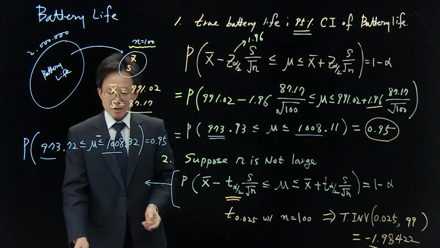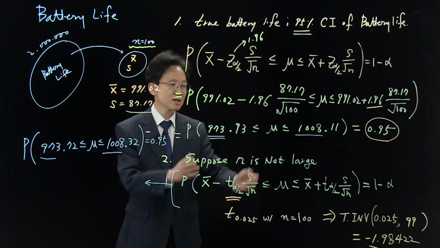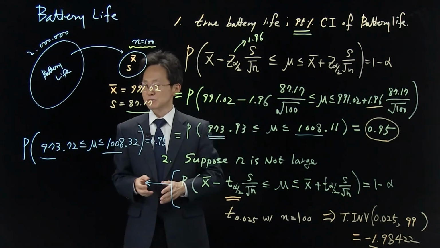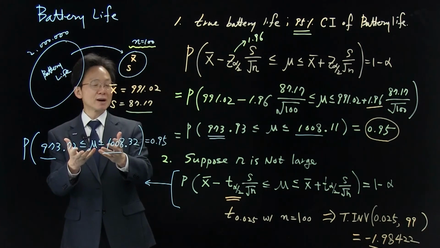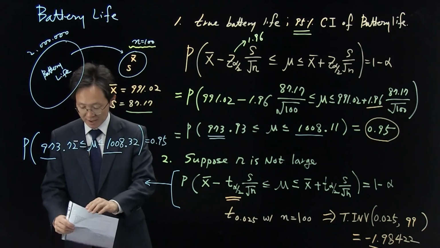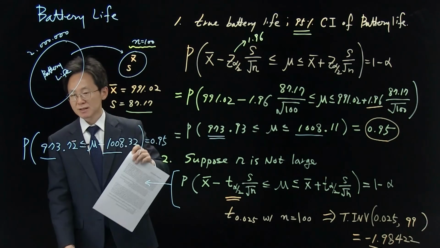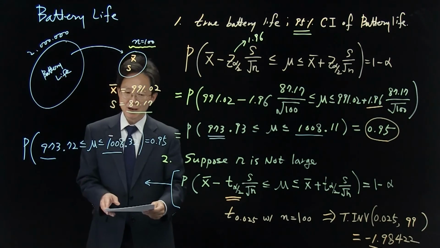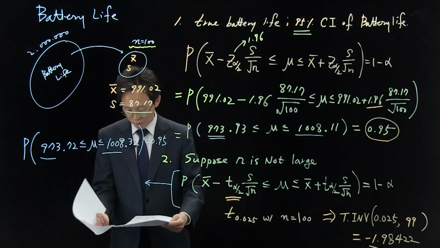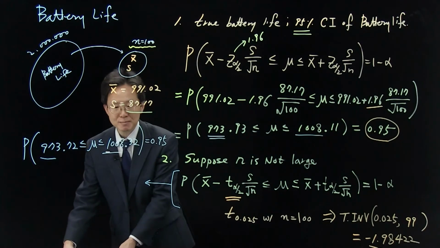Now, the interpretation of this outcome is exactly the same as that we used when we use z-values. The interpretation is, what is the true value of battery life? The true value is between 973.72 and 1008.32. And when I say that, how confident am I?